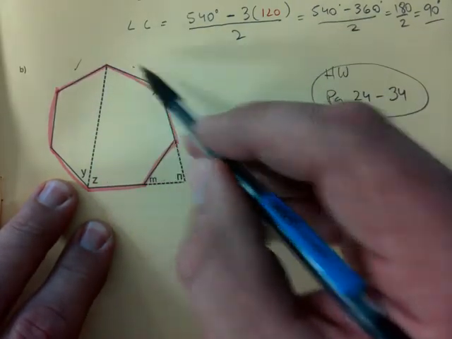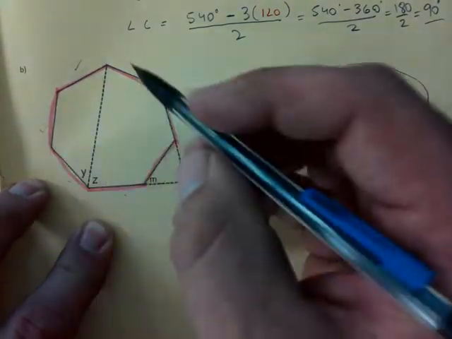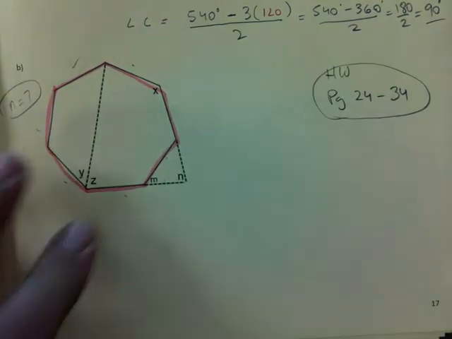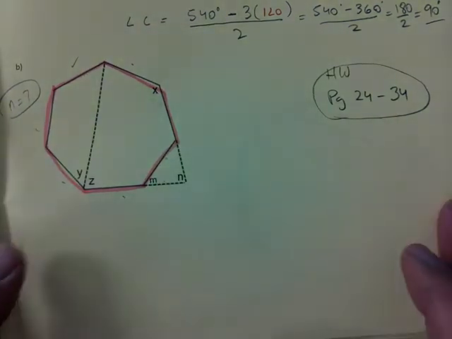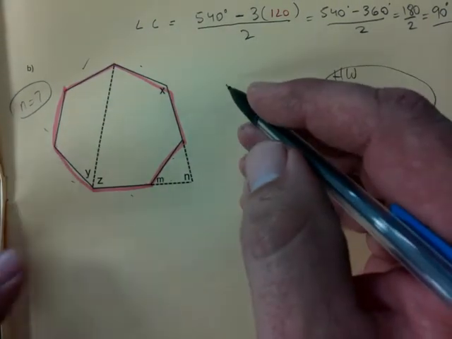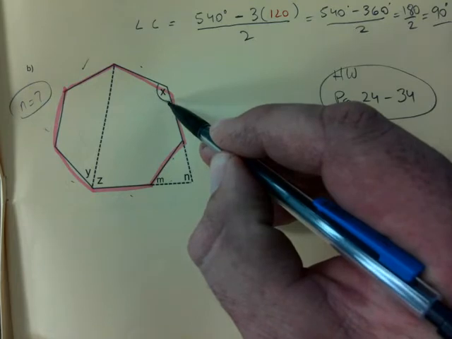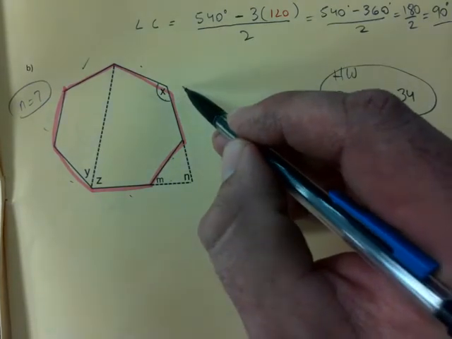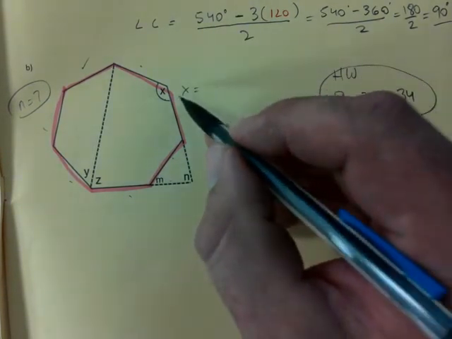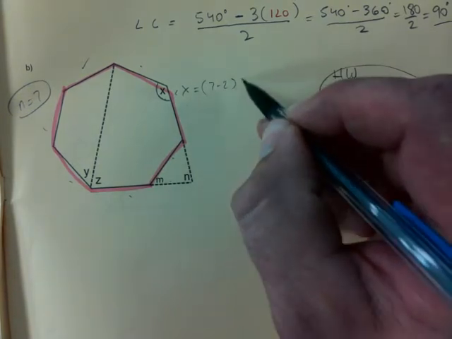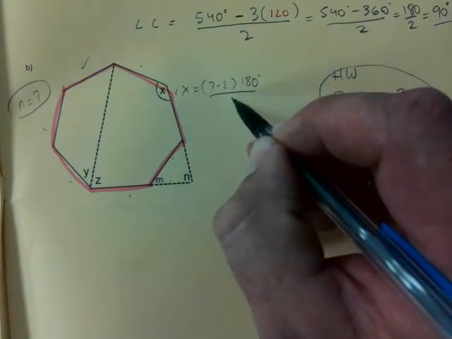I'm going to count 1, 2, 3, 4, 5, 6, 7. So n is equal to 7 overall, that's our big N, so to speak. You're asked to find this one, and you should recognize that that is an interior angle. So I'm going to use my formula for interior angle.